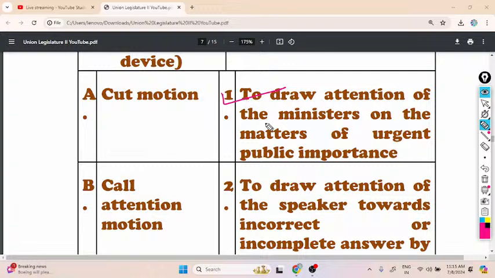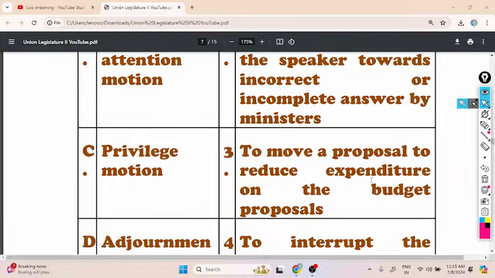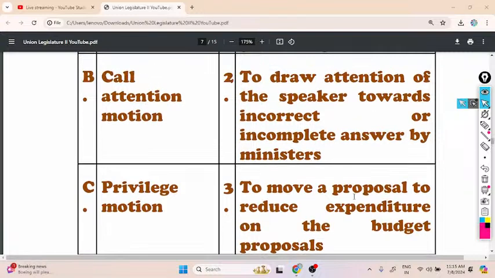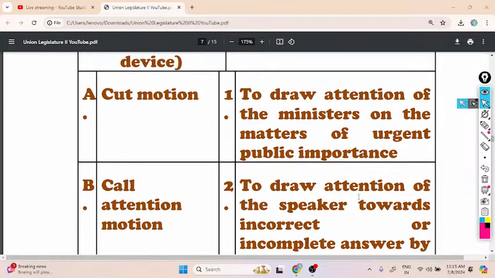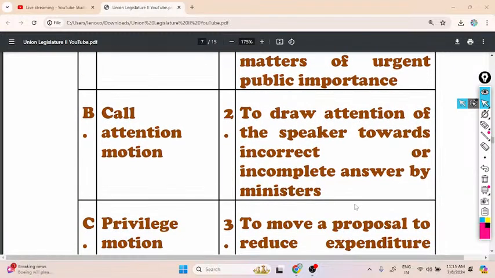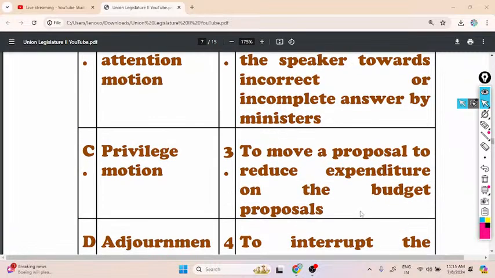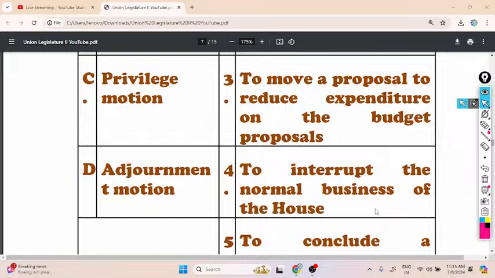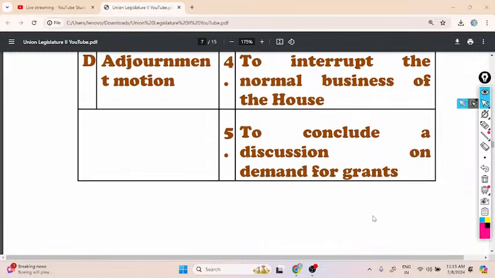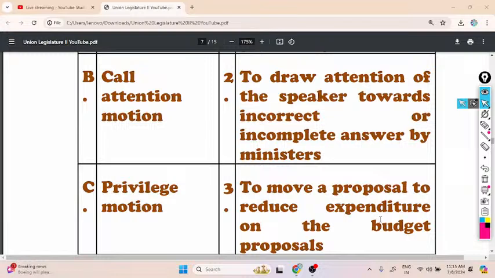Then C. Let us see what C says. Privilege motion. Privilege motion is raised if the member thinks that the privileges of the house are broken. So draw the attention of the speaker towards that break of privileges.